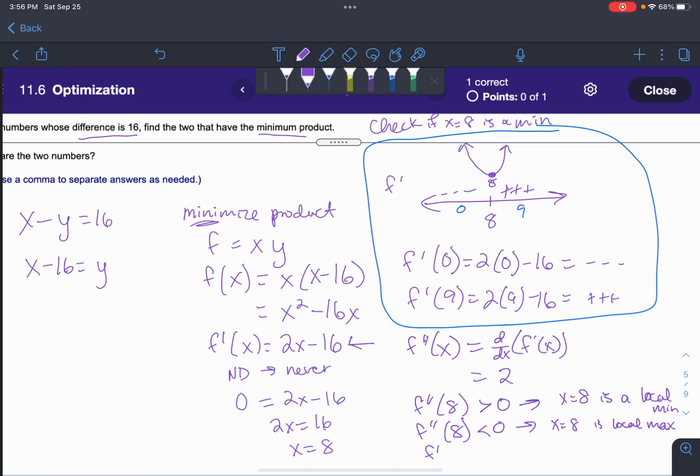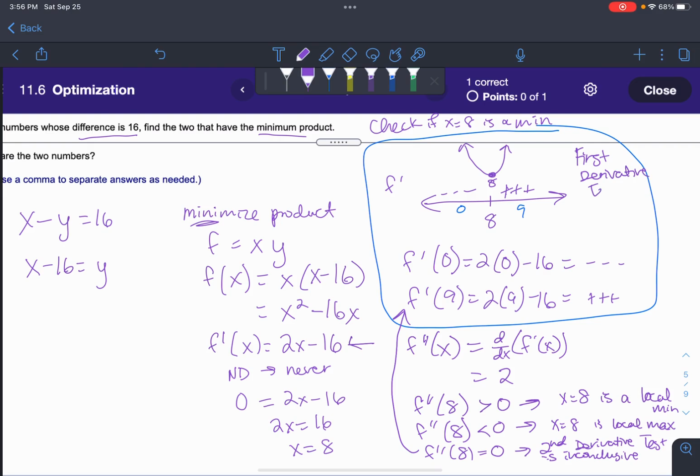And then the last one, if my second derivative is equal to 0, then the second derivative test, that's what this is called, is inconclusive. So then that means that you have to go back and use the first derivative test. That's what this is called, first derivative test.